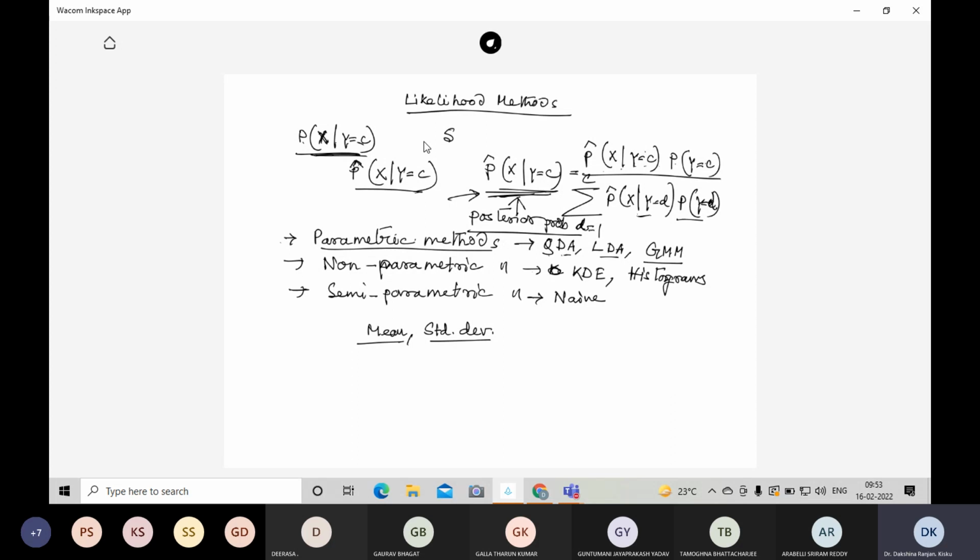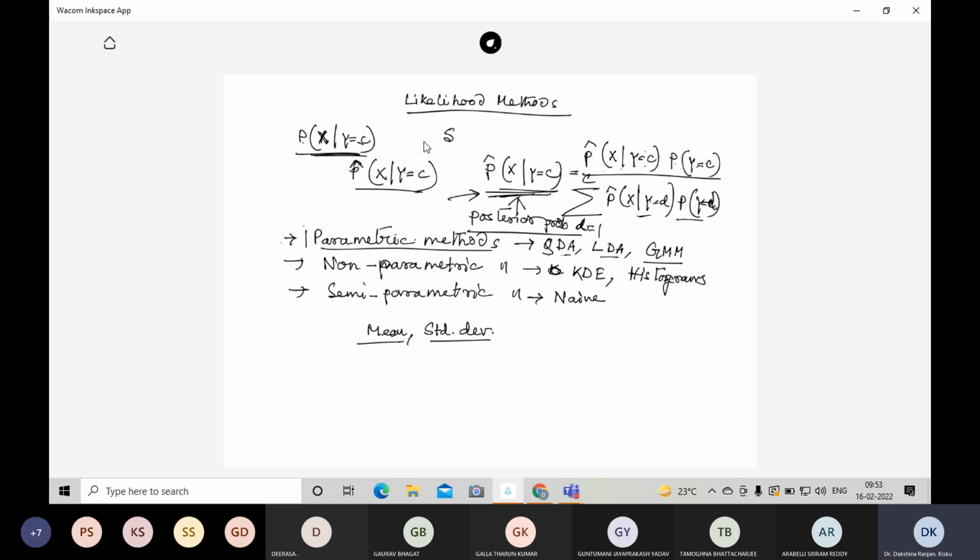So parametric methods use the assumption that the data follows the normal distribution, and here the number of model parameters is fixed.